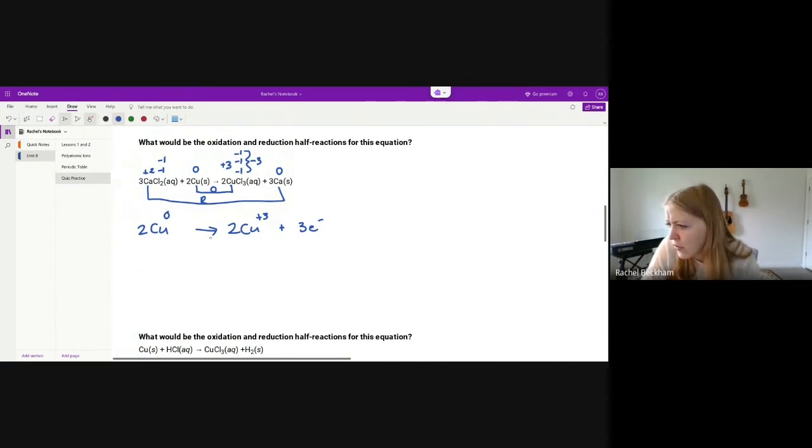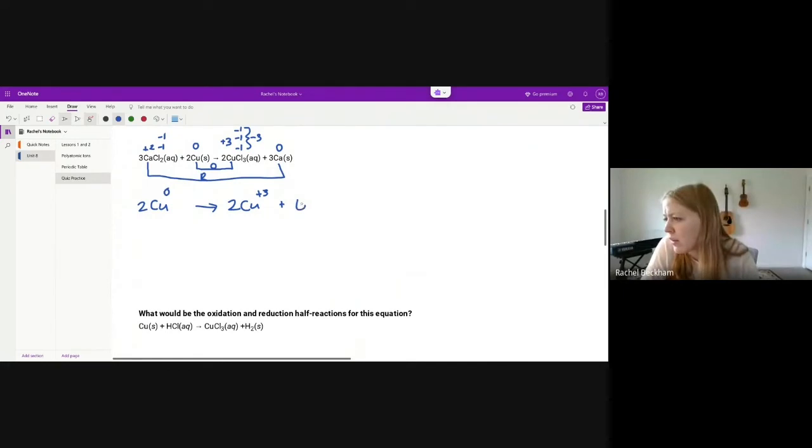But we have 2 sets of copper, so it would have dropped it off twice, right? Because there are 2 coppers here. So rather than writing it out like that, we can just call it 6 electrons that it dropped, because there are 2 sets of them that each have a +3 charge. So it dropped off 6 electrons. This is the oxidation half reaction.